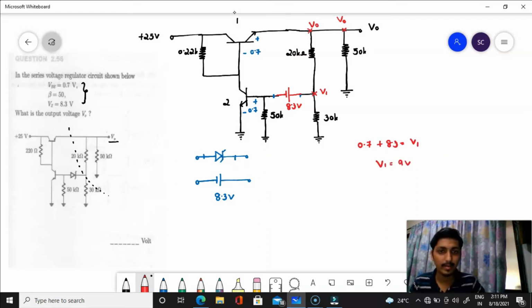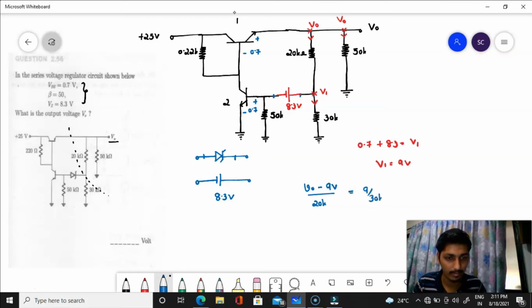If we apply KVL, or you can say the voltage dividing rule here, we will get (V0 minus 9 volt) by 20 kilo equals 9 by 30 kilo. So 30k V0 minus 9 into 30k equals 9 into 20k.